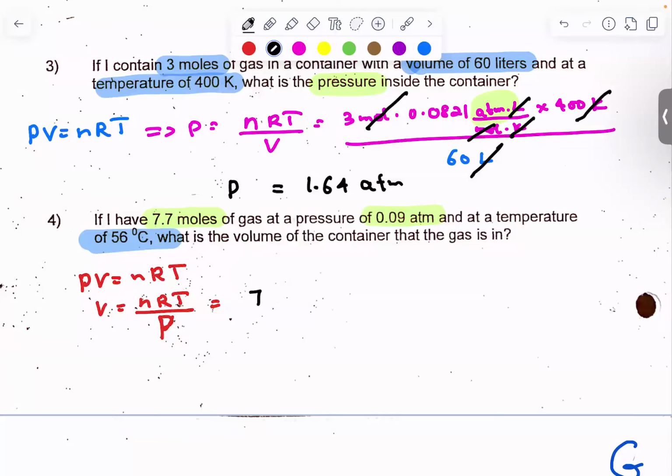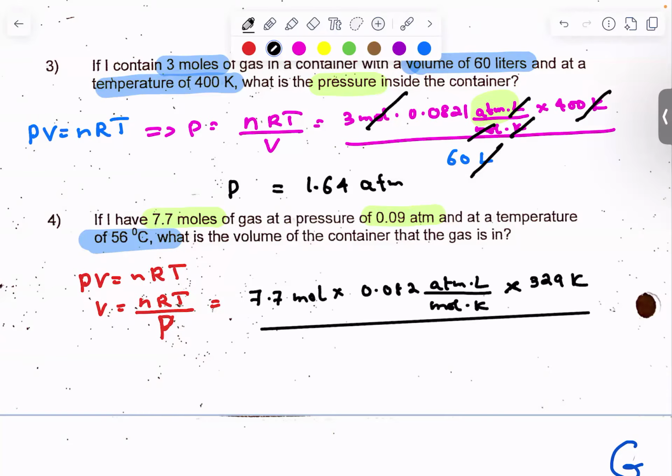So n is 7.7 mole, R is 0.0821 ATM dot L over mole dot Kelvin, times, no, 56 plus, no, 56 plus 273, that is 329. You solve on your own. All right, I am solving it here. I will quietly solve it and you solve it on your own.